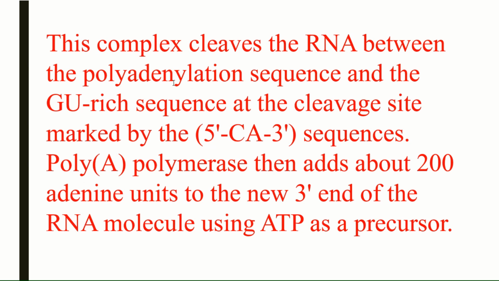This complex cleaves the RNA between the polyadenylation sequence and the GU-rich sequence at the cleavage site marked by the 5'-CA-3' sequence. Polyadenylate polymerase then adds about 200 adenine units to the new 3' end of the RNA molecule using ATP as a precursor.